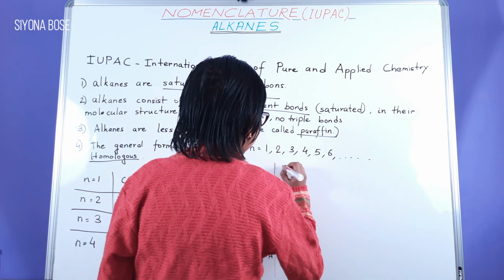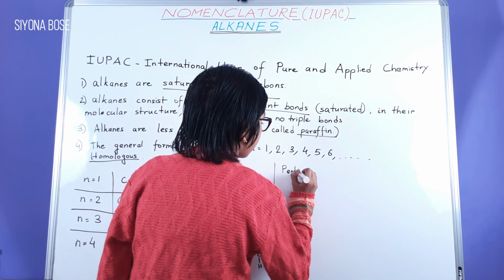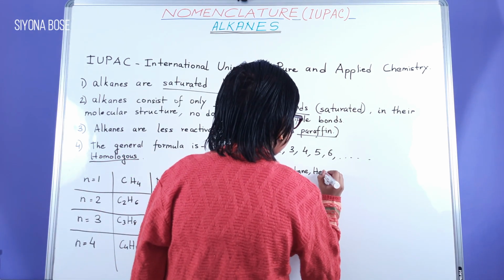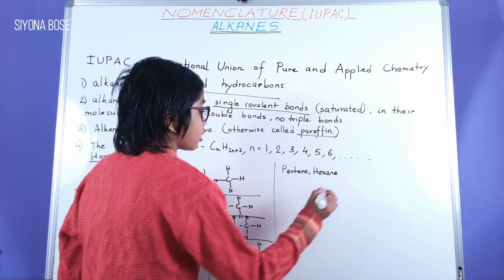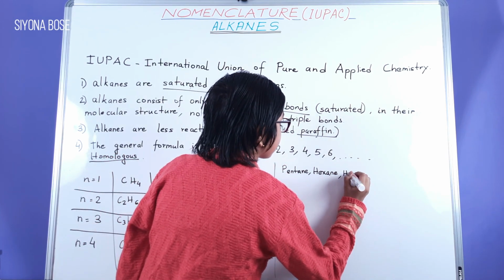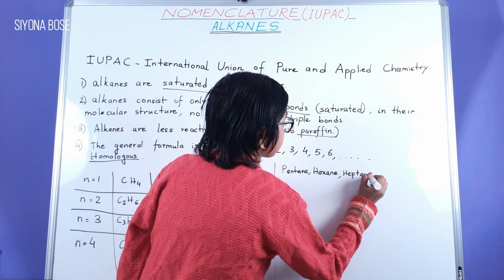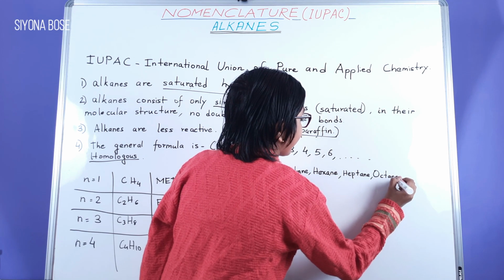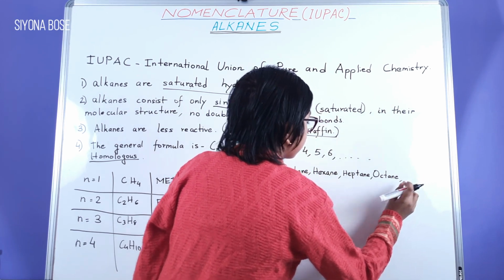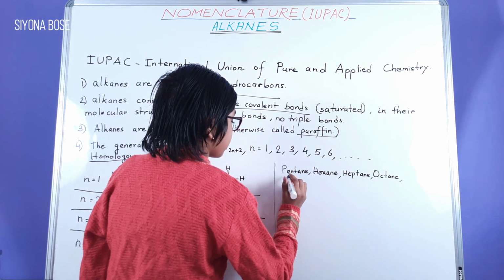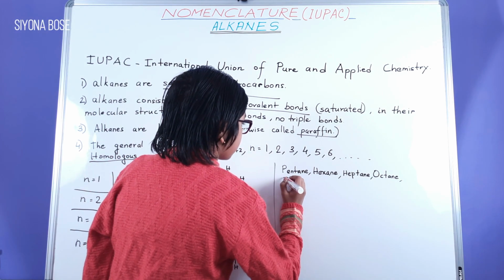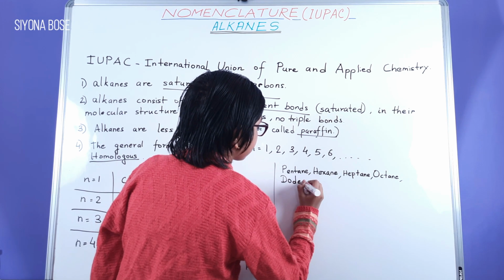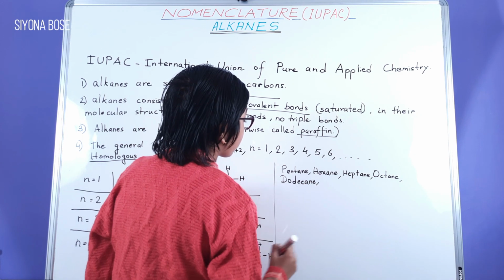So there is pentane, which has 5 carbons, hexane, heptane, 7 carbons, octane, 8 carbons. Then we have dodecane, 12 carbons.